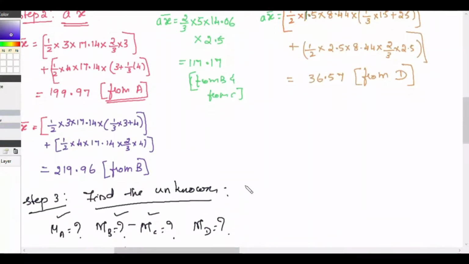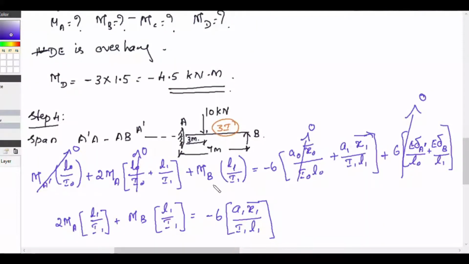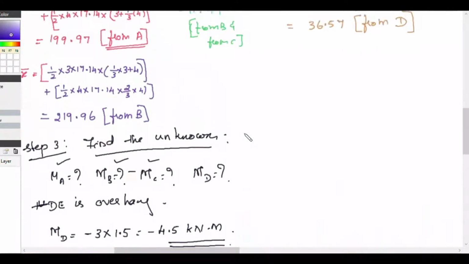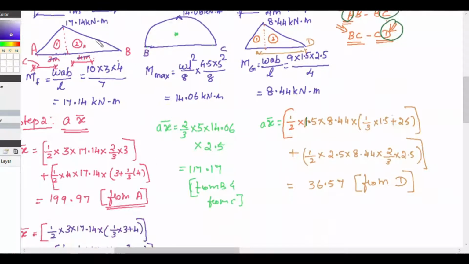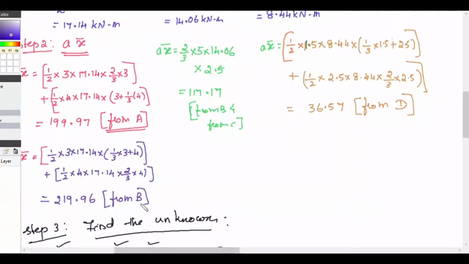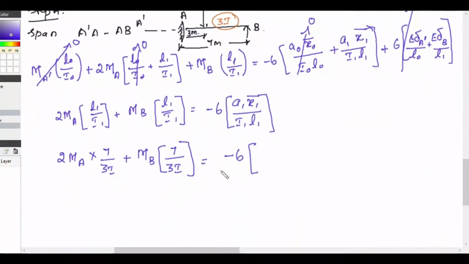So for the span AB, the extreme support is B. So A x bar should be calculated from B. So for the span AB, from B the value is 219.96. So 219.96 divided by I1 is 3I multiplied by L1 is 7.